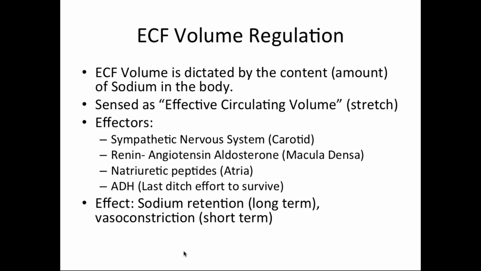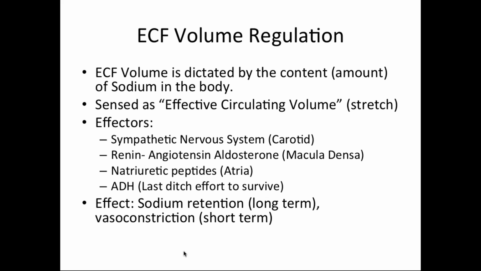The effectors are at the carotid, sympathetic nervous system; at the macula densa, renin, angiotensin, and then aldosterone; and at the atria, it's natriuretic peptide. And ADH, or antidiuretic hormone or vasopressin, is activated as a last-ditch effort for the organism to survive.